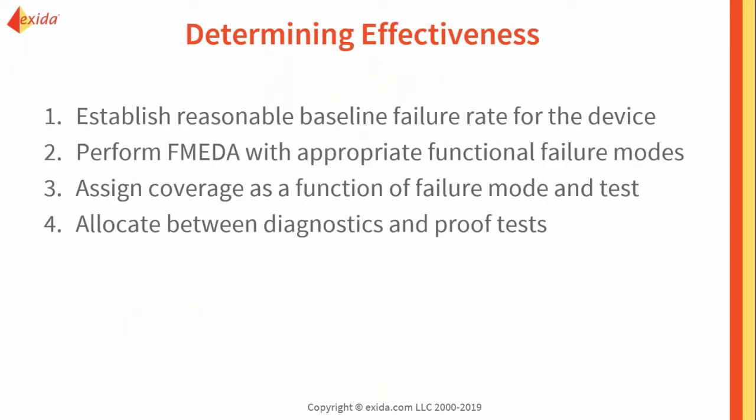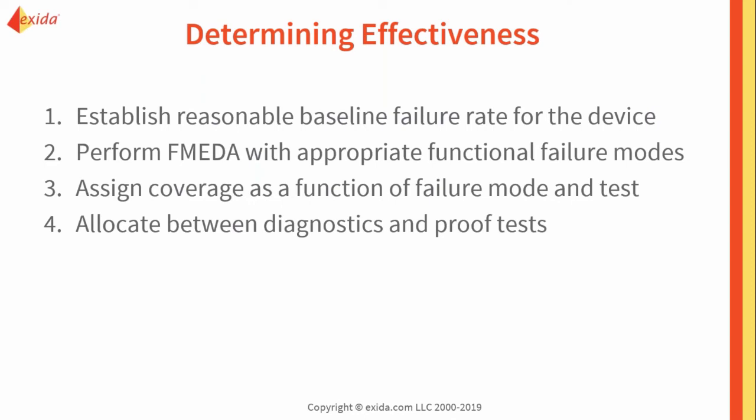So how do you determine this proof test effectiveness? Well, I said earlier you could design the tests and test for each failure mode and find out which dangerous undetected failures would be found, or it can be done through an FMEDA process.